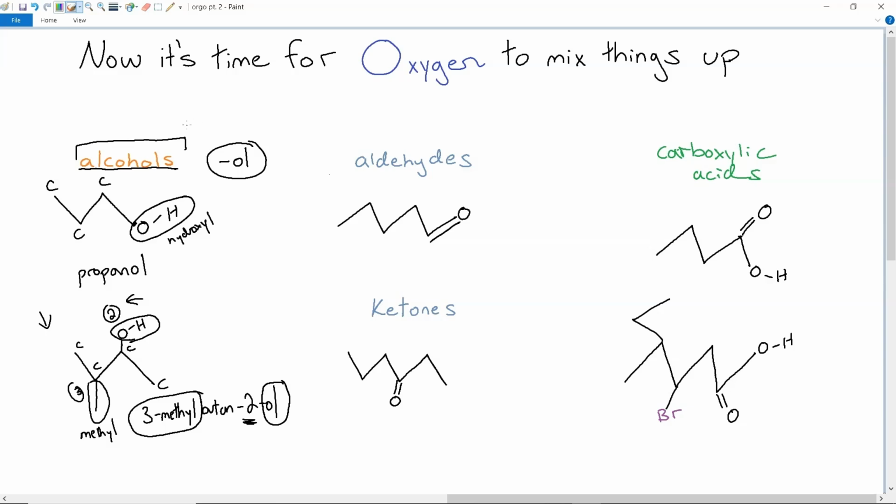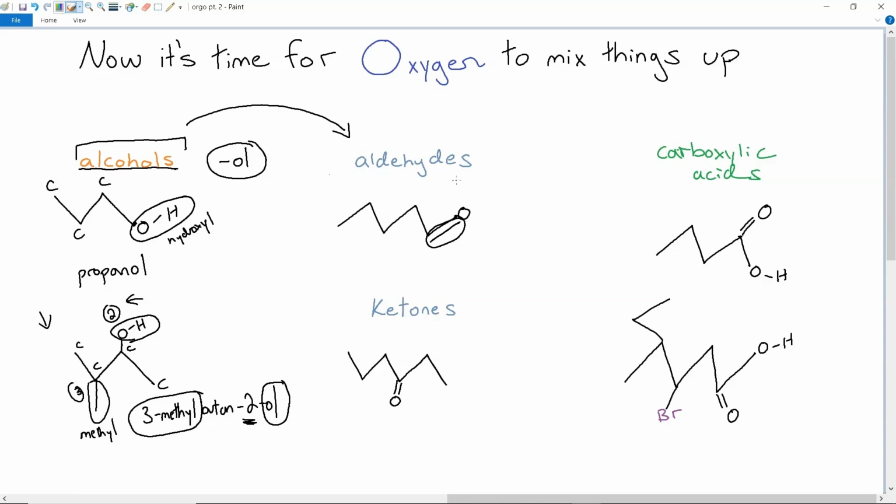Let's move on to aldehydes. What's the difference between an alcohol and an aldehyde? Literally, the only difference is we've gotten rid of our hydrogen bond on the oxygen, and instead we've added a double bond between a terminal carbon and our oxygen.